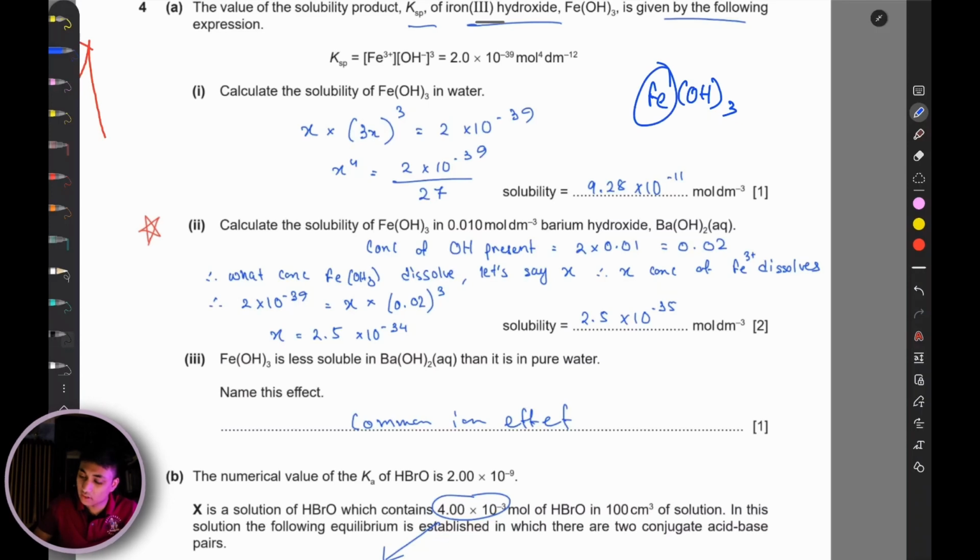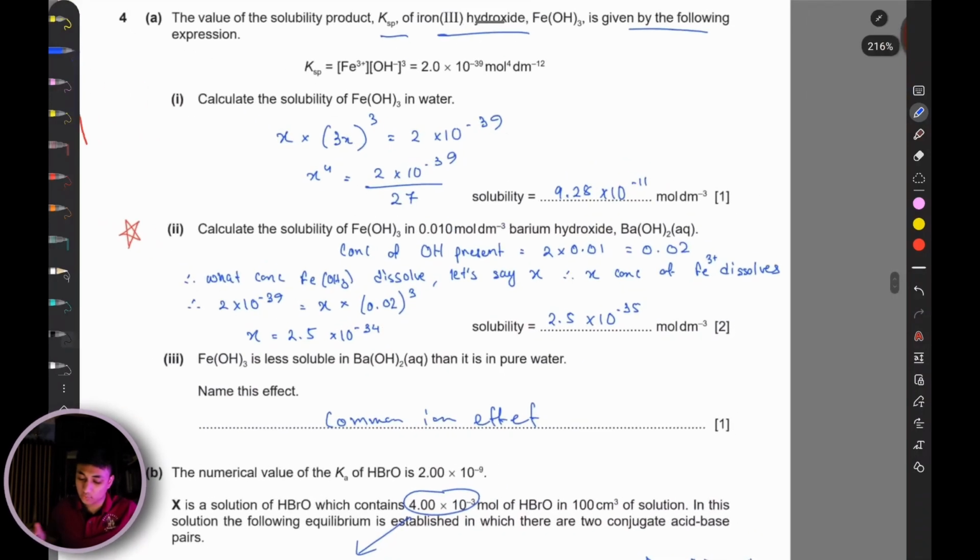So whatever the concentration of Fe dissolves, the same concentration of iron hydroxide dissolves. It's going to be the same, since with respect to the mole of compound, the mole of Fe is 1:1. But with respect to the mole of compound, the mole of OH is 3, so 3:1. Right? So let's find out the concentration of Fe. How will we do that? We know the solubility.